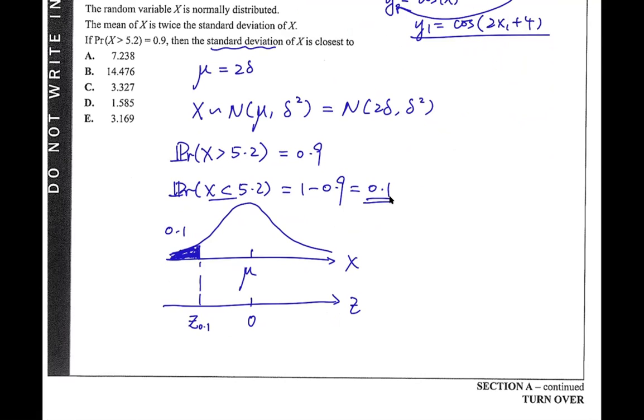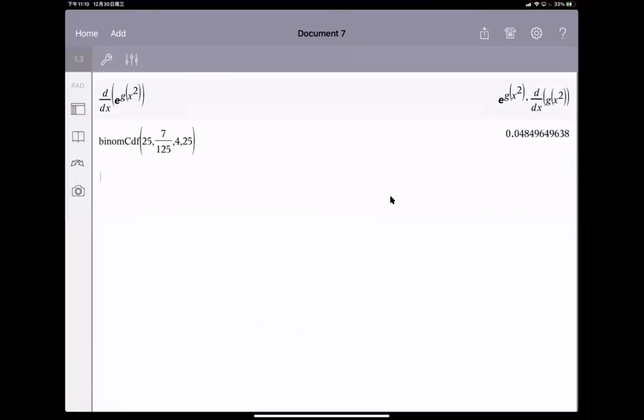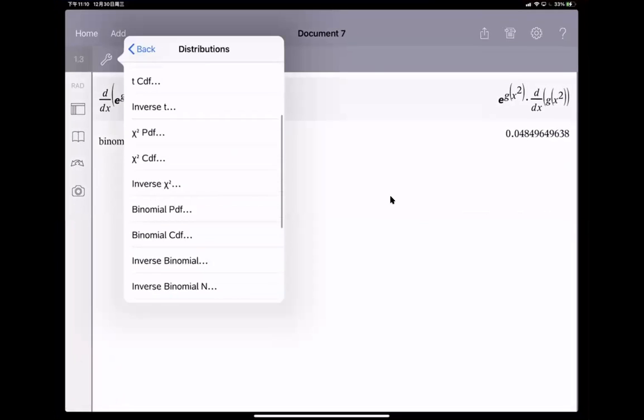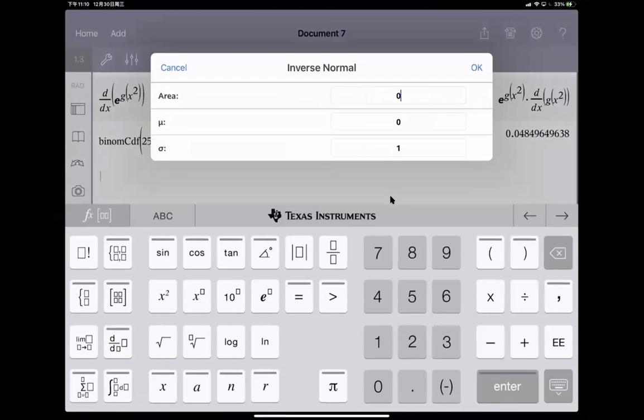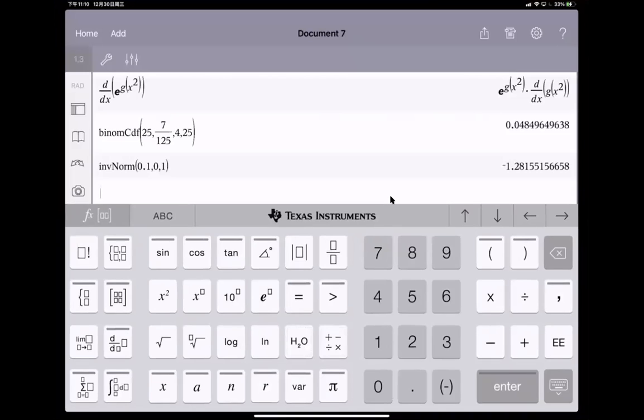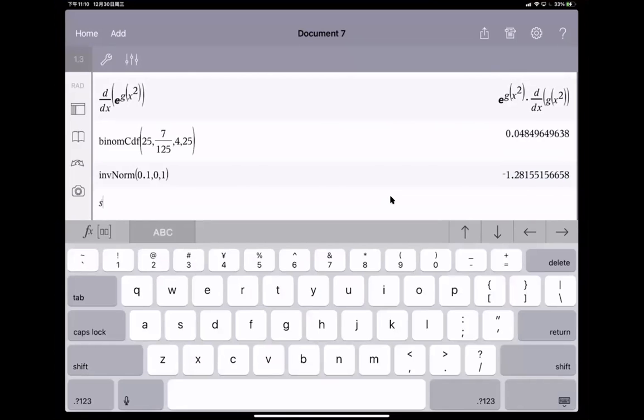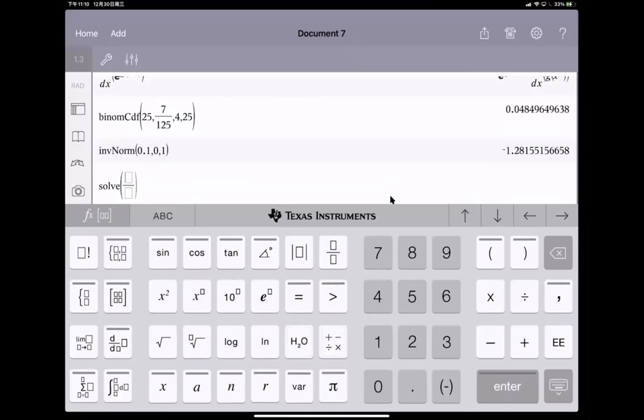Let's use the calculator. Menu, inverse normal 0.1. Here is your z value, and you can try solve. Fraction button.